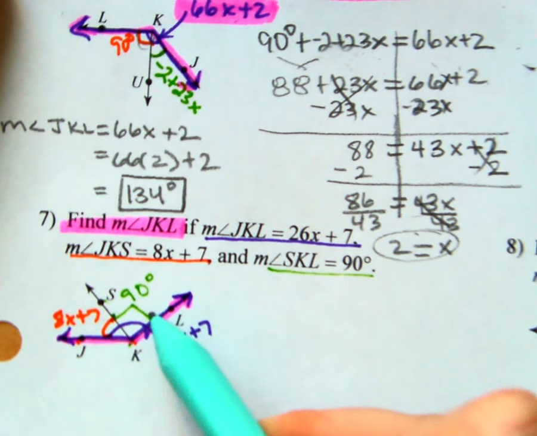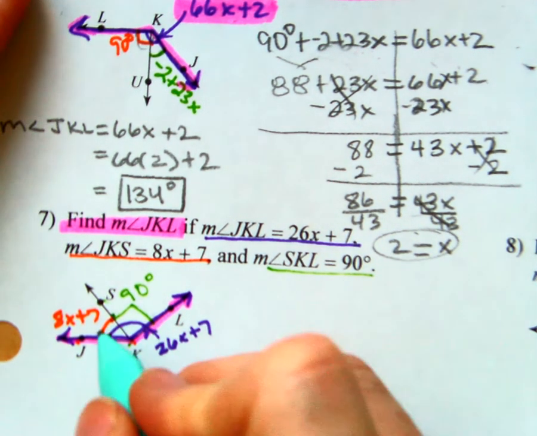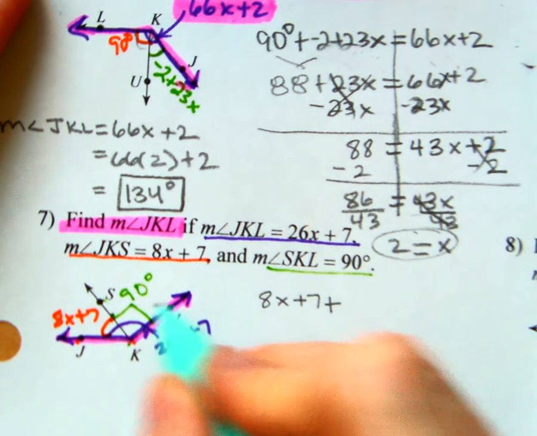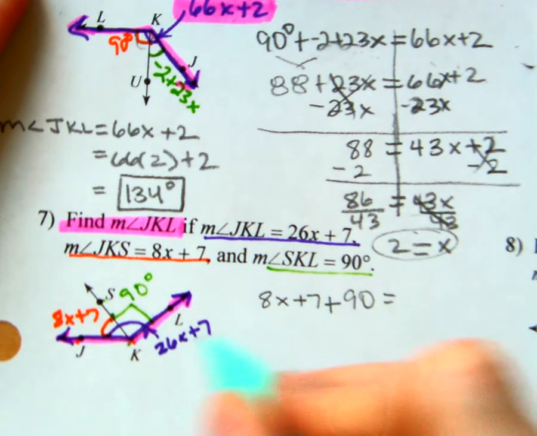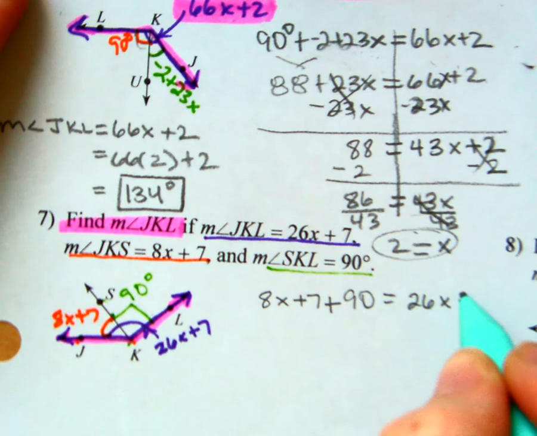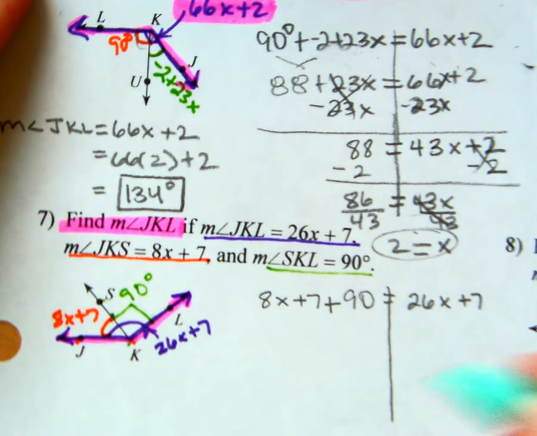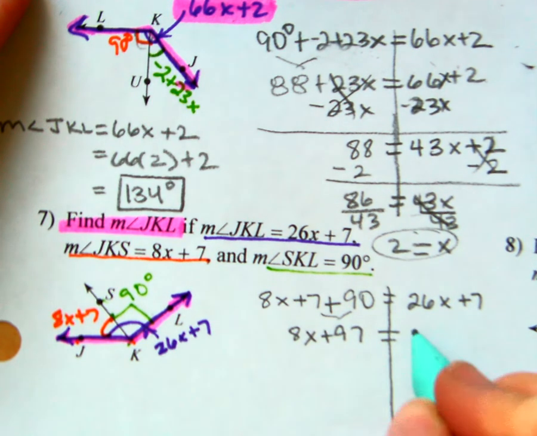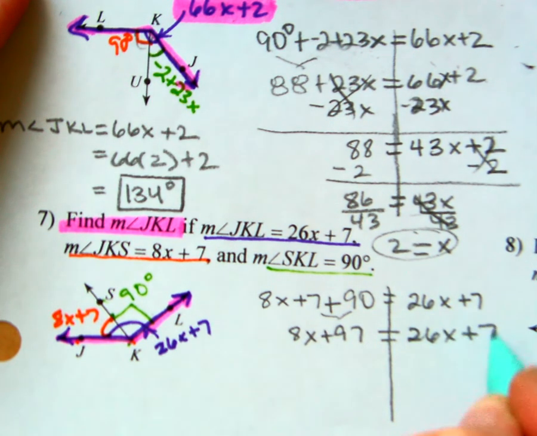All right, I'm going to do part plus part equals whole. First part, 8x plus 7 plus second part, 90, equals whole, 26x plus 7. Combine, we have 8x plus 97 is equal to 26x plus 7.